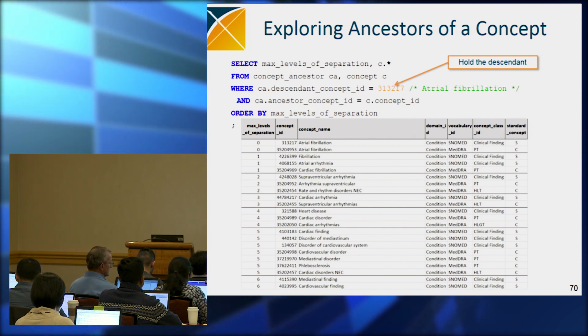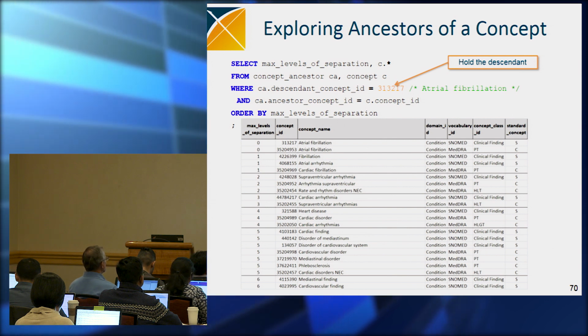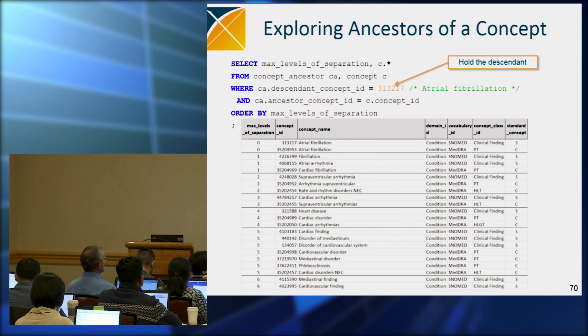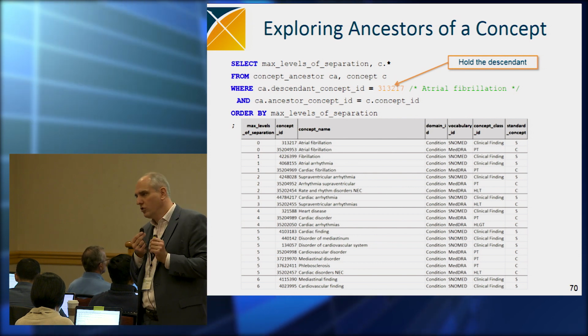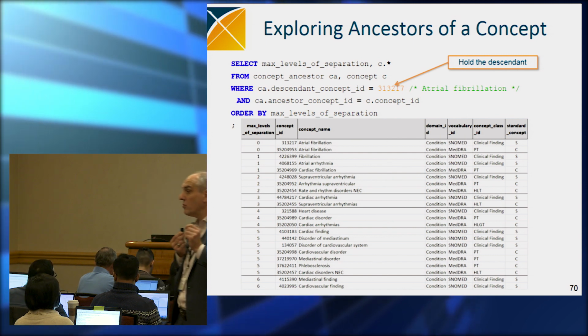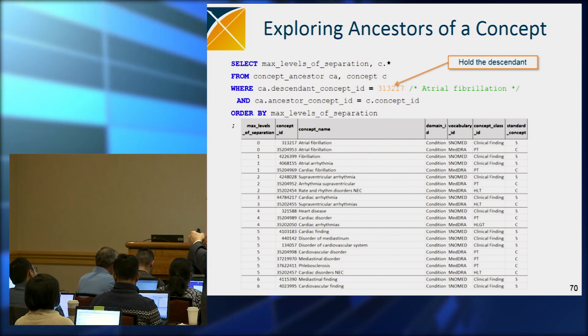If you want to know exactly which relationships contribute to this hierarchy, there's a reference table called relationship, not concept relationship, just relationship, and it has one record for each relationship ID.